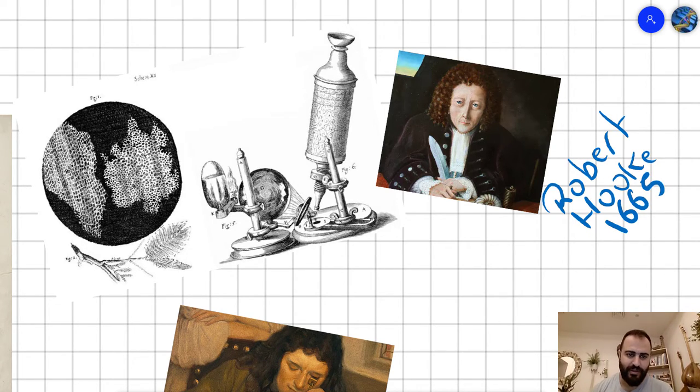Robert Hooke discovered cells by inventing a very primitive and simple microscope, and accidentally he was looking at a sample that he collected from a bark of a tree. It was dead plant cells, and he saw these structures and he named them cells.